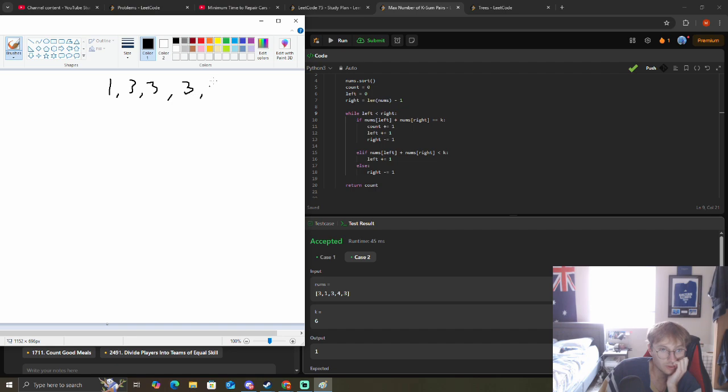Okay, yeah, and then we have a 4, right? One plus 4 is 5, right? So if 5 is less than k, we increment, we need a bigger value. So then we go to 3 and 4, right? That's 7. So it's greater than k.